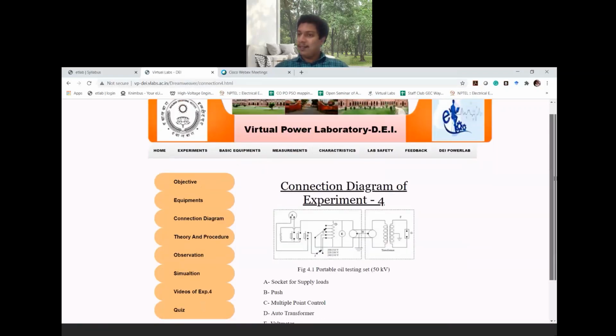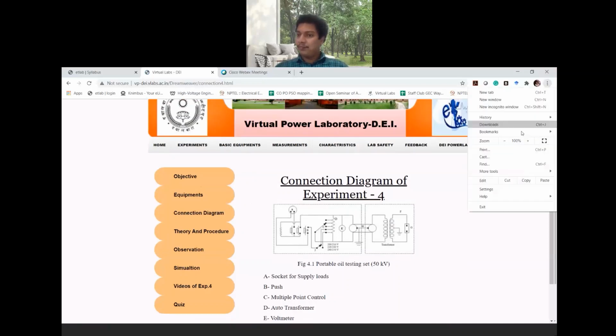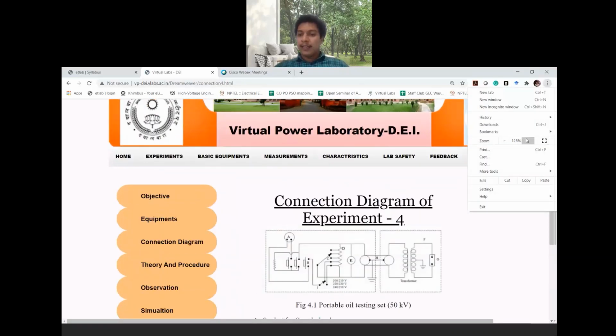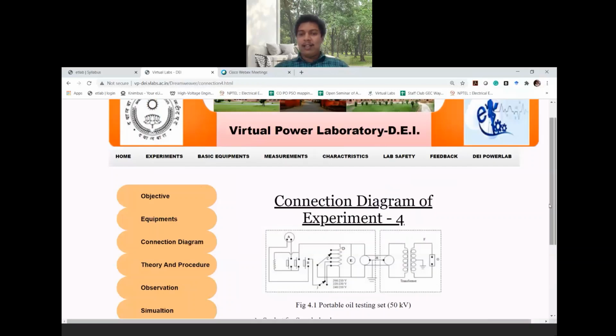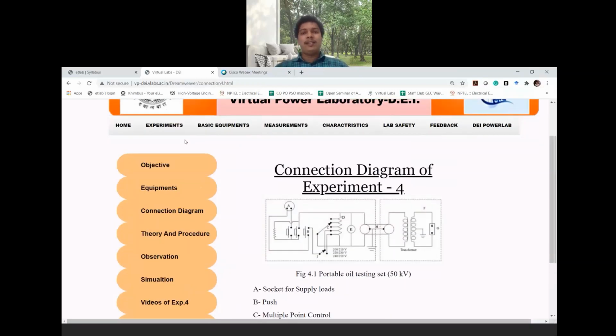As you can see here quite clearly, this is the part which concerns the testing part. This is your transformer, and on your transformer terminal, you are applying your transformer oil cell with electrode arrangement, where you are conducting your experiment, and you have a cable connected to the control room.